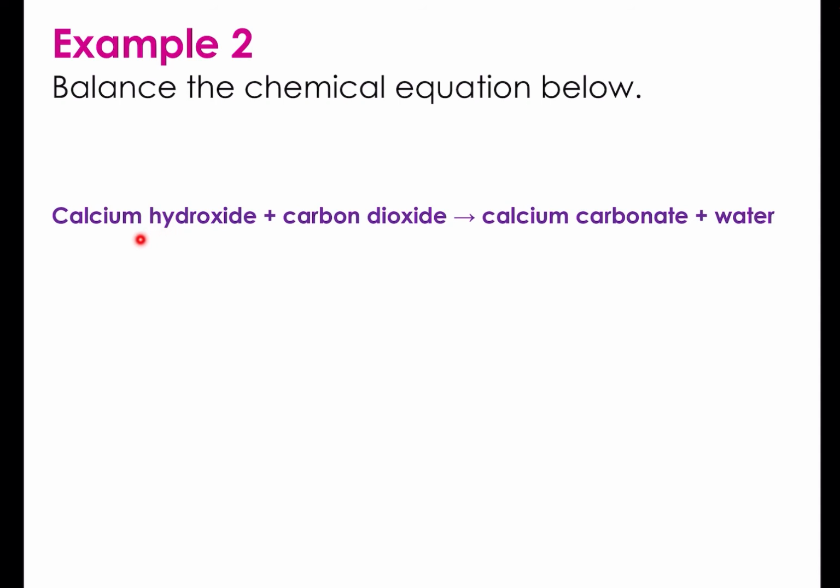So maknanya ions yang wujud dalam compound ini adalah calcium ion dan hydroxide ion. So if I write it down, saya akan tulis dalam bentuk formula untuk calcium ion dan hydroxide ion.